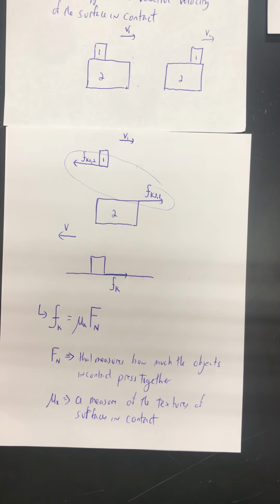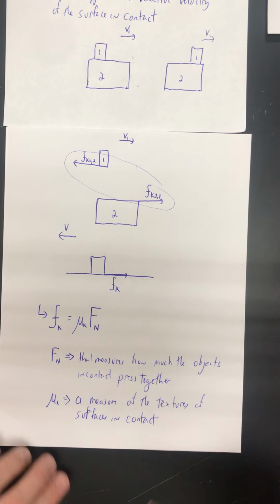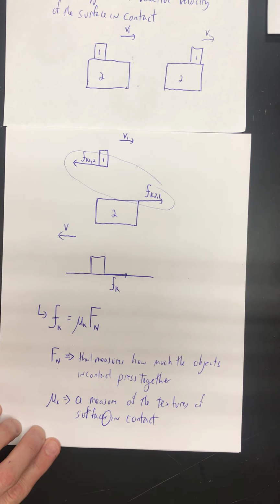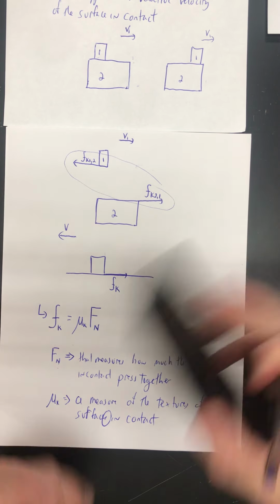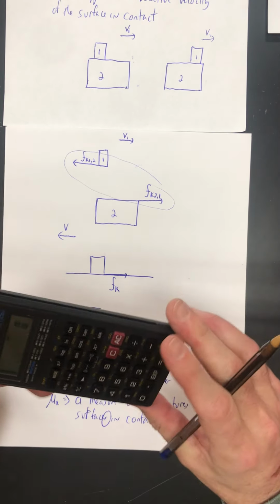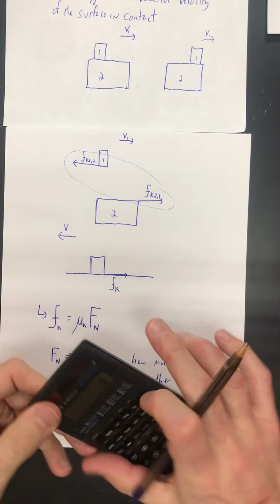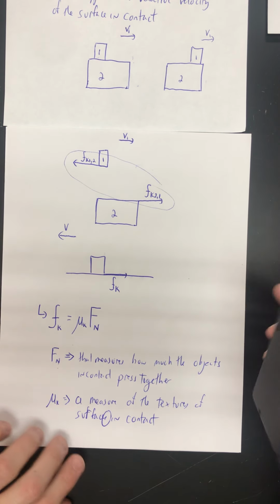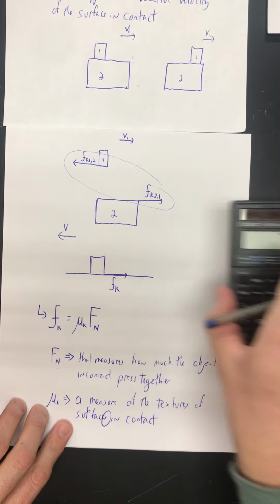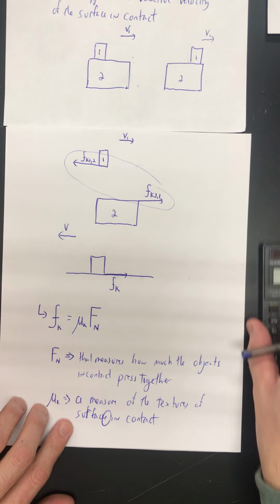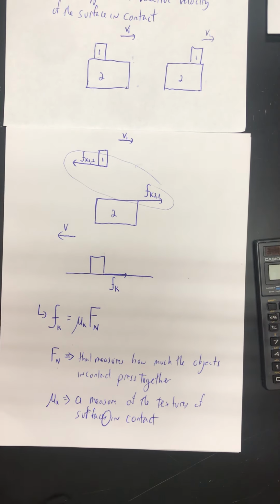Between wood and wood, there's a certain mu sub k. Between wood and ice, there's a different mu sub k. And it's about the surfaces, plural, in contact. It is nonsensical to say what is the coefficient of kinetic friction of this calculator, because the coefficient of kinetic friction of the calculator on the paper is different from that between the calculator and whatever substance this desk is made out of, right?